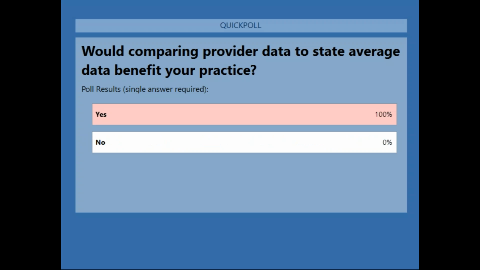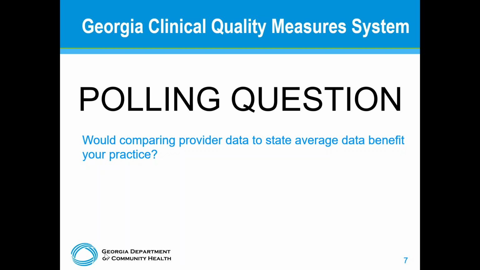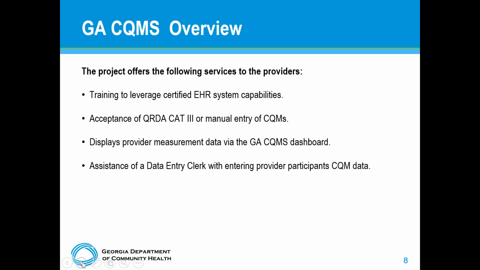So very specifically, the project provides training to leverage the certified EHR system capabilities. We can accept the data. Many of our EHR systems can output CQM data in an electronic transaction file referred to as a QRDA Cat3.